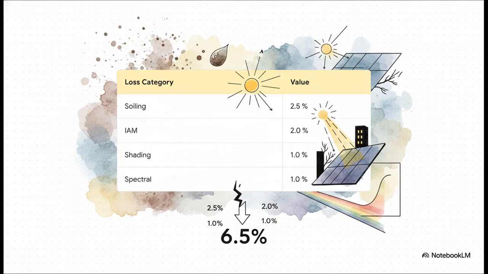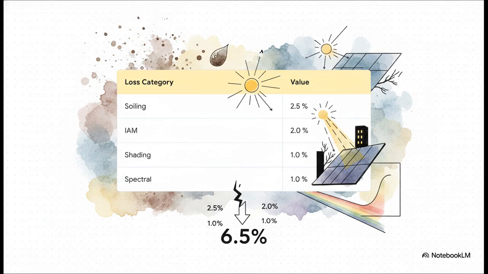Basically, light striking at bad angles simply bounces right off. Add in 1.0% for near and far shading from things like buildings or trees, and another 1.0% spectral loss, because the atmospheric solar spectrum just doesn't perfectly match what the module is designed to absorb. Before the photon even touches the silicon, we are already down roughly 6.5%.